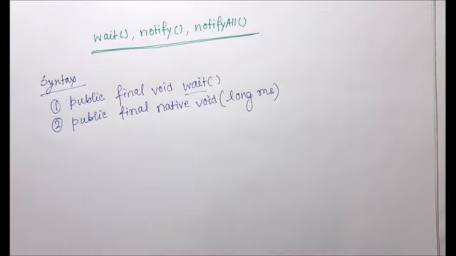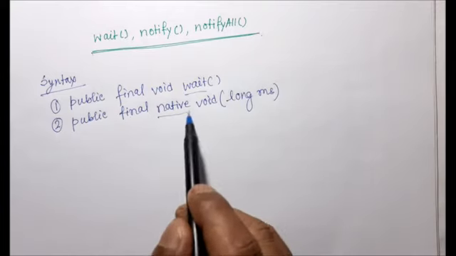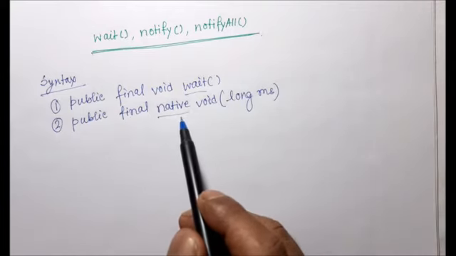There is no end. How long will the thread be waiting? There is no specific time for this first method. So there is another method, that is a native method. It is not implemented in Java, it is implemented by the operating system.